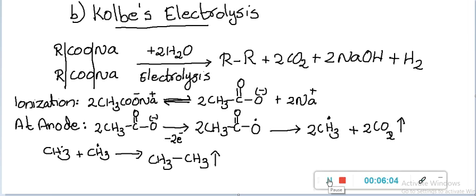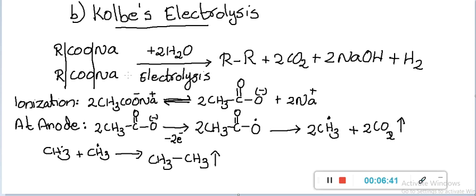The second reaction is a very important reaction, that is Kolbe electrolysis. Here a concentrated aqueous solution of sodium or potassium salt of carboxylic acids on electrolysis gives an alkane containing an even number of carbon atoms at the anode.